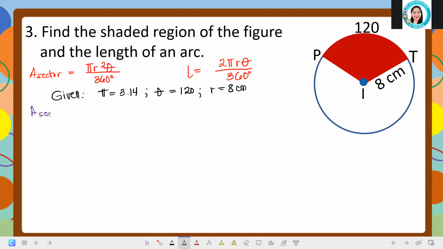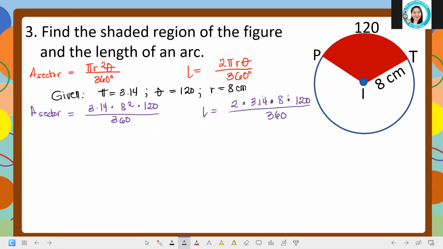Area of a sector is equal to pi 3.14 times 8 squared times 120 divided by 360. Sa length, we have 2 times 3.14 times 8 times 120 divided by 360.